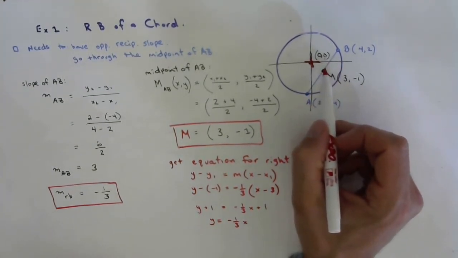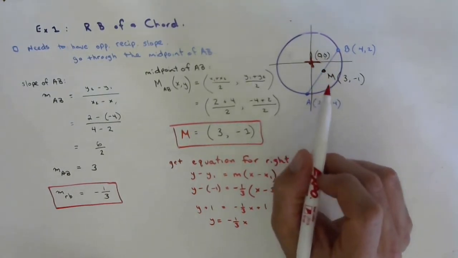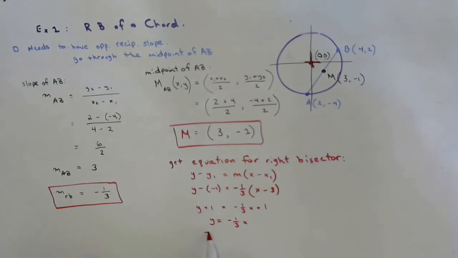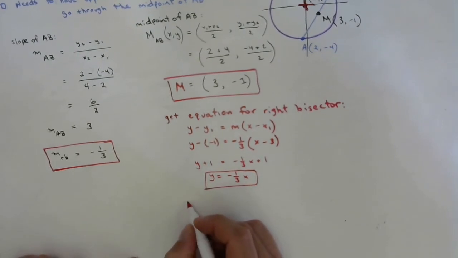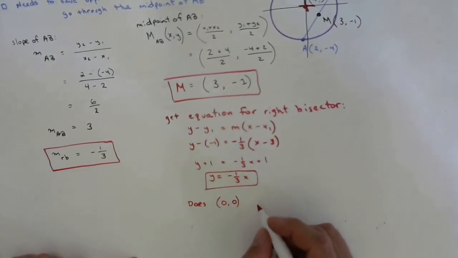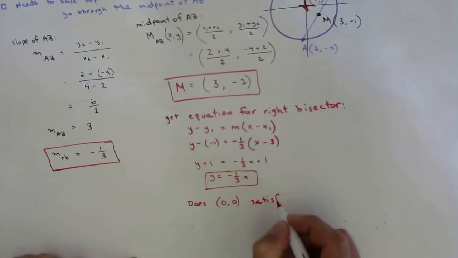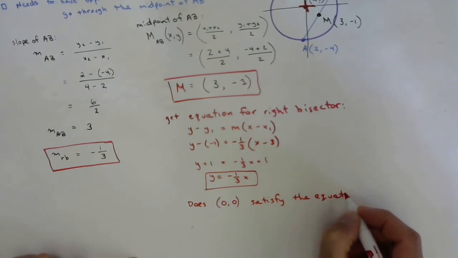Does that kind of make sense? A little bit off and on? Okay. So the equation of the right bisector is y equals negative 1/3 x. And if we wanted to test this algebraically, what would we have to do again? Does 0, 0 satisfy the equation?